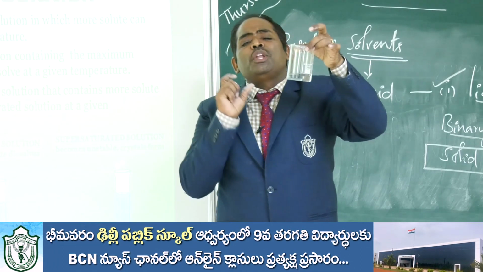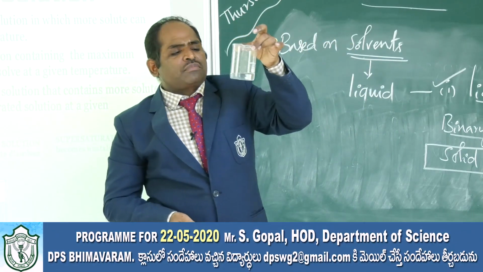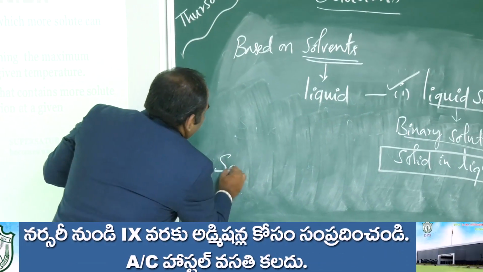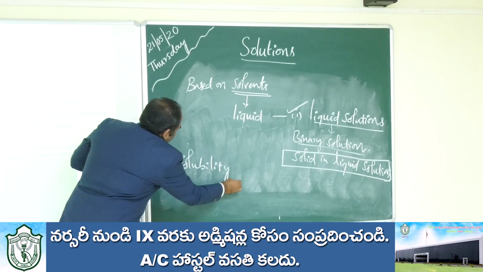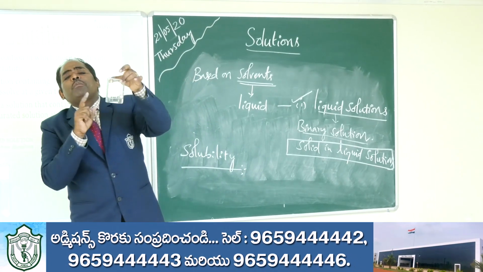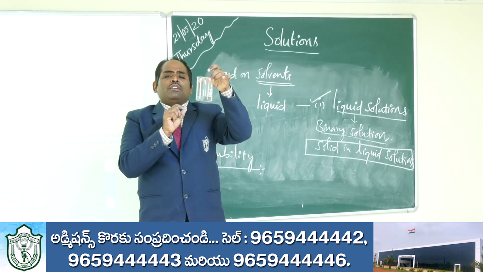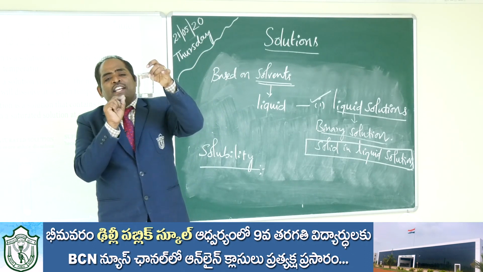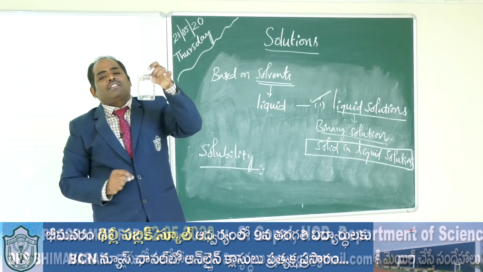You got it? What is soluble and what is insoluble? Okay, let me explain soluble first. Solubility, right? What is solubility? See, solubility means the maximum amount of solute which can dissolve in 100 grams of solvent.